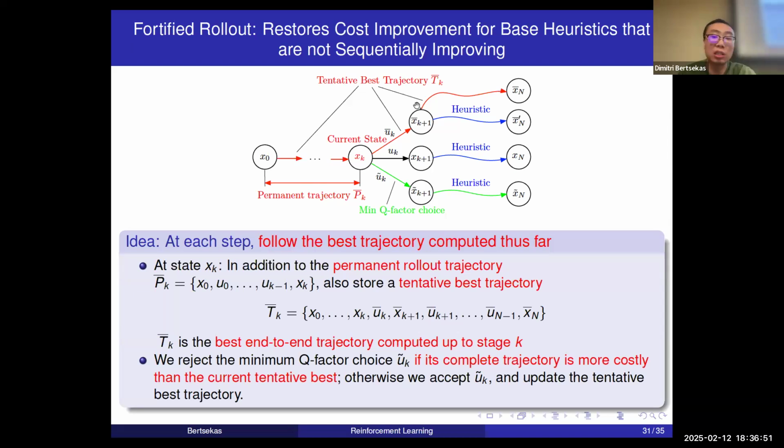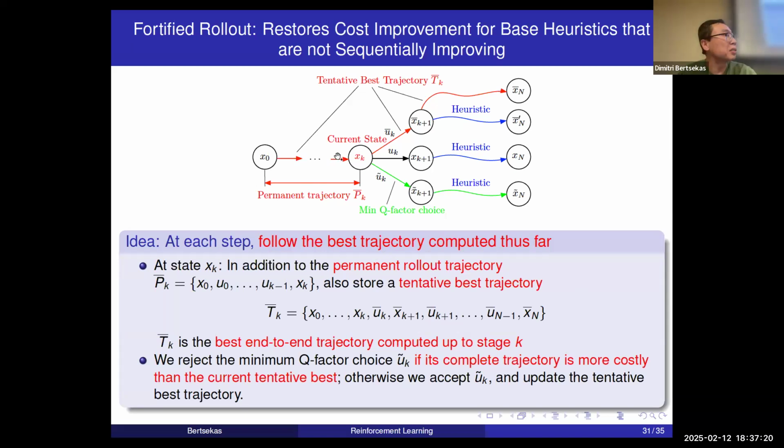And second is we need to compare the minimum Q factor with the cost of tentative best trajectory. So there are two additional things we need to do in addition to the standard rollout calculation. But those things are kind of trivial compared with the computational requirement in general. So this is the fortified rollout.